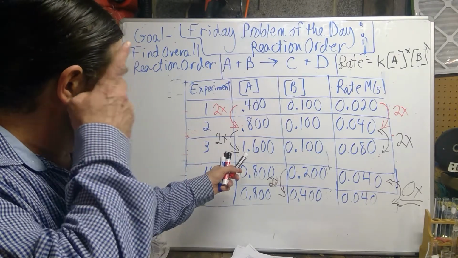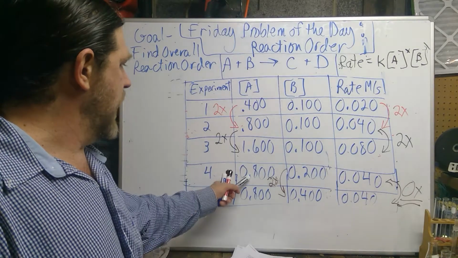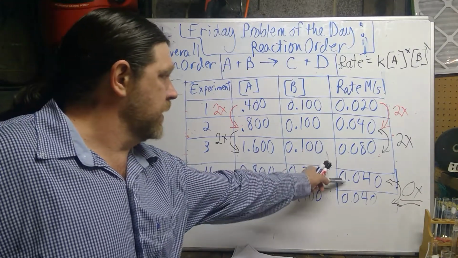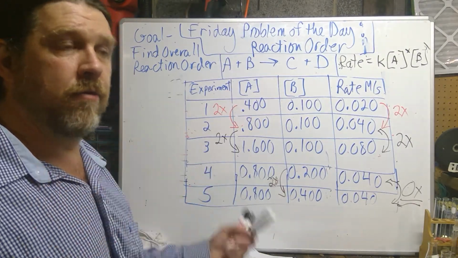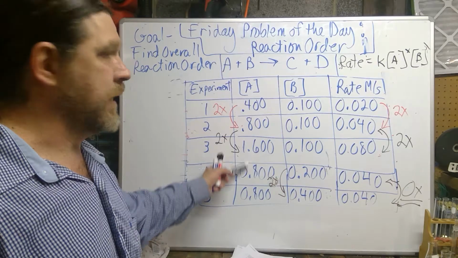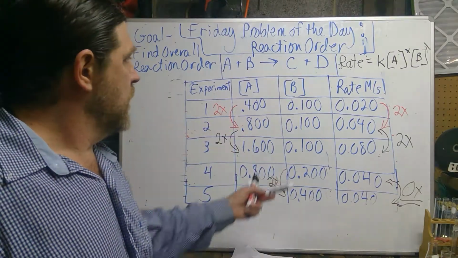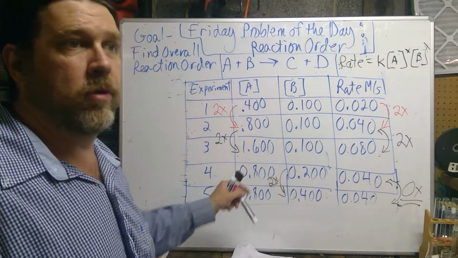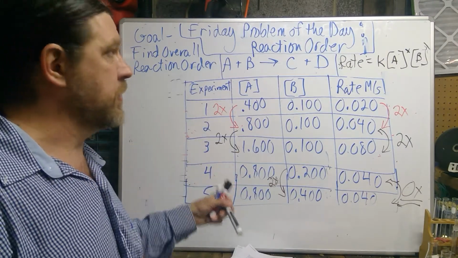Also, if you want to note, between trials 3 and 4, we halved the amount of A, and correspondingly, the rate went down by half, more evidence that A is a first order reaction. In that case, we're working in reverse. And notice that even a doubling of the B did not offset in any way the decrease in the rate due to the corresponding decrease in A.